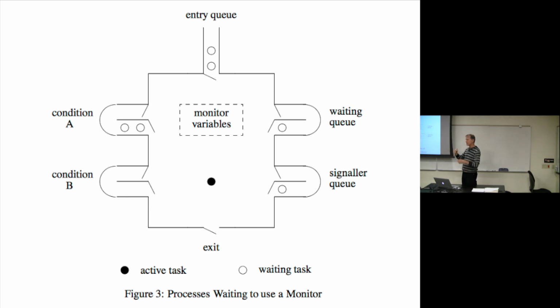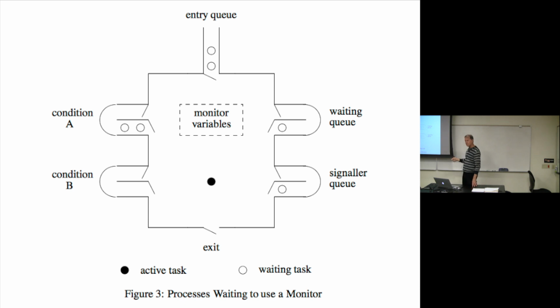So whenever a process finishes executing one of the methods in the monitor, it leaves, and then there's room in here. And when there's room in here, what does the monitor have to decide? Once one of these guys exits, what does the monitor have to decide?